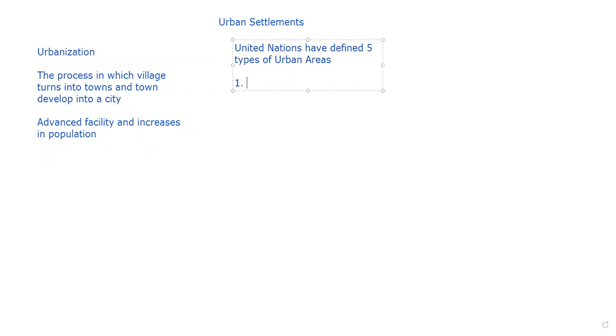So type 1 is countries with municipalities, districts, or communes recognized as urban areas.